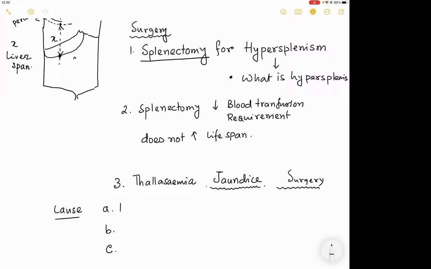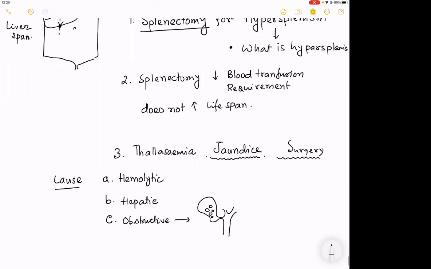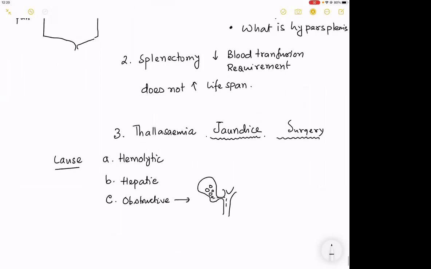So it can be all three. Hemolytic, very good. Hepatic, very good. So why was the patient admitted in surgery? Obstructive. Clear out the bile. Okay.